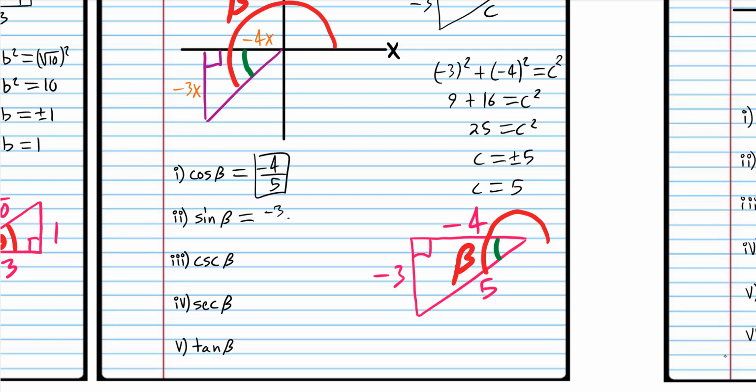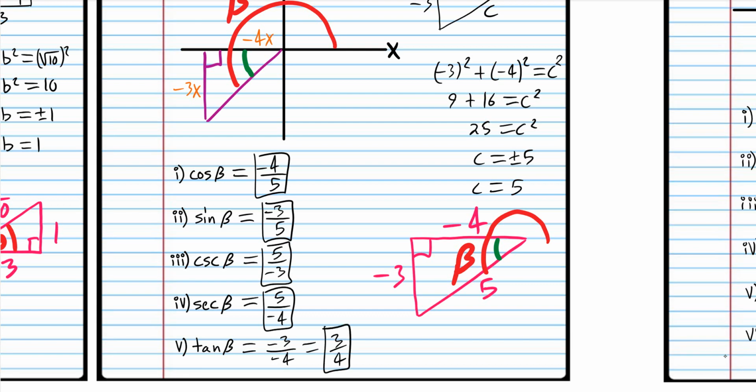Sine is the opposite side the green reference angle divided by the hypotenuse. Cosecant beta is the hypotenuse divided by the side opposite the green reference angle. Secant beta is the hypotenuse divided by the side adjacent the green reference angle, and tangent beta is the side opposite the green reference angle divided by the side adjacent.